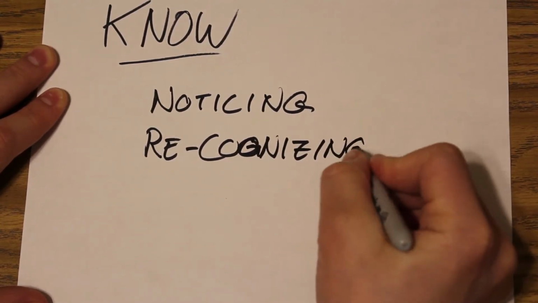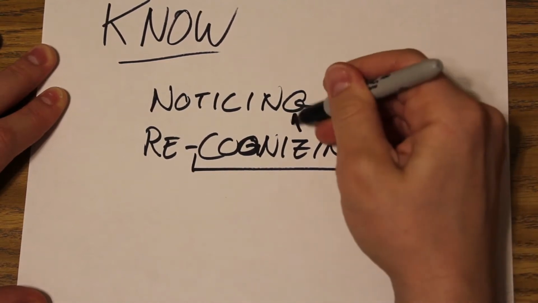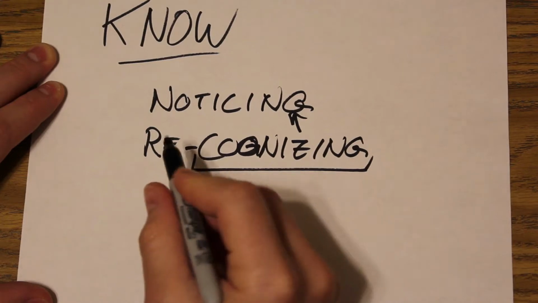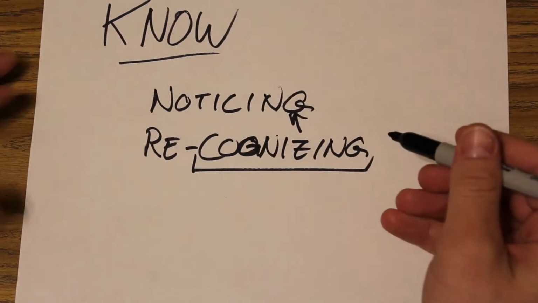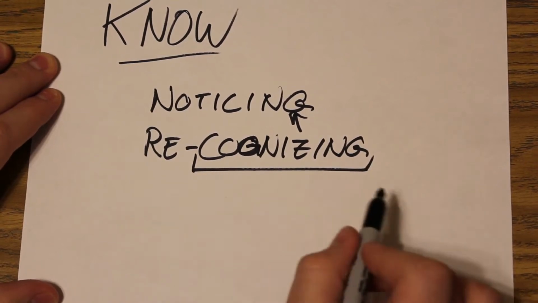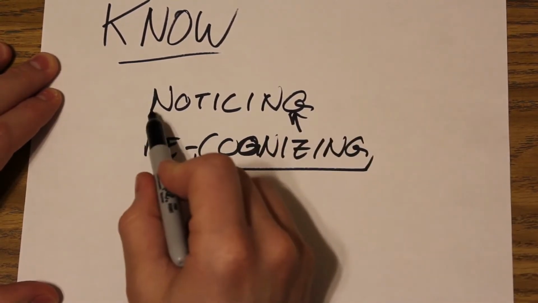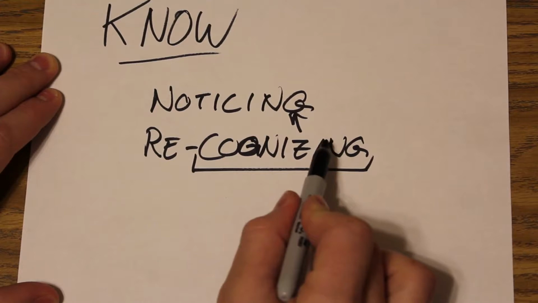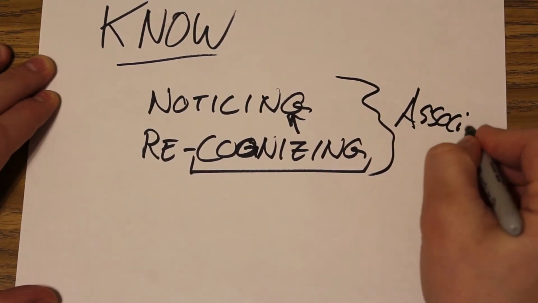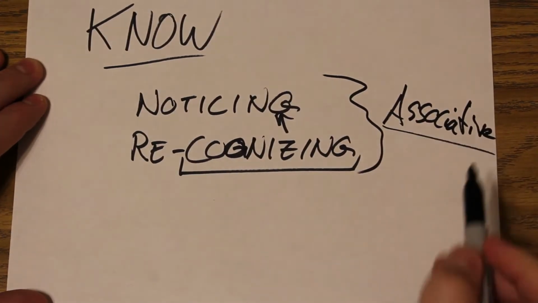To recognize is to re-notice. Cognizance is noticing. And then you see a pattern there. Now, all those patterns you can apply to other things. And this noticing and re-noticing, recognizing, all this is just associative learning. So this is all associative.